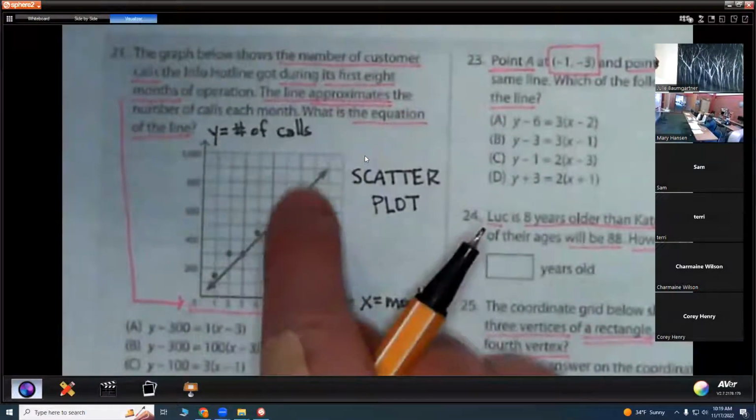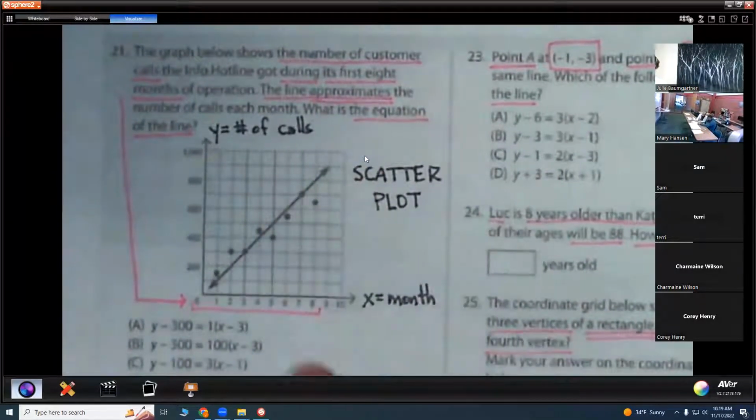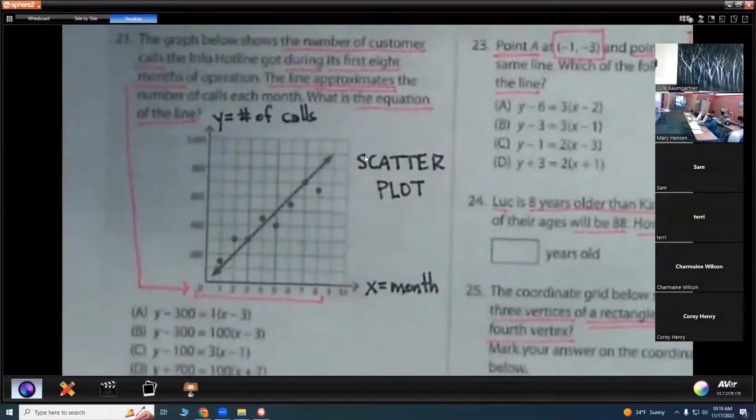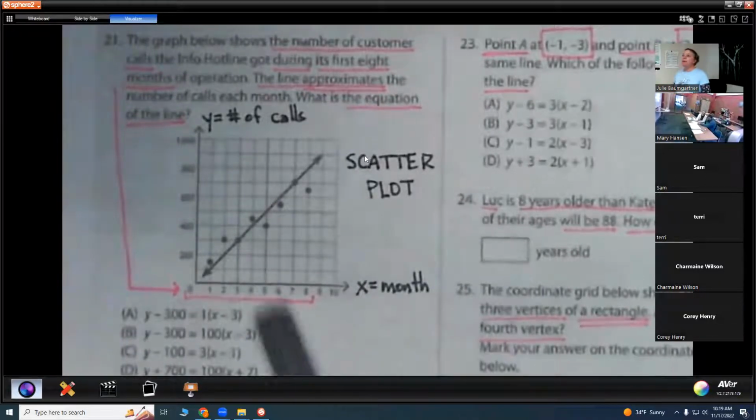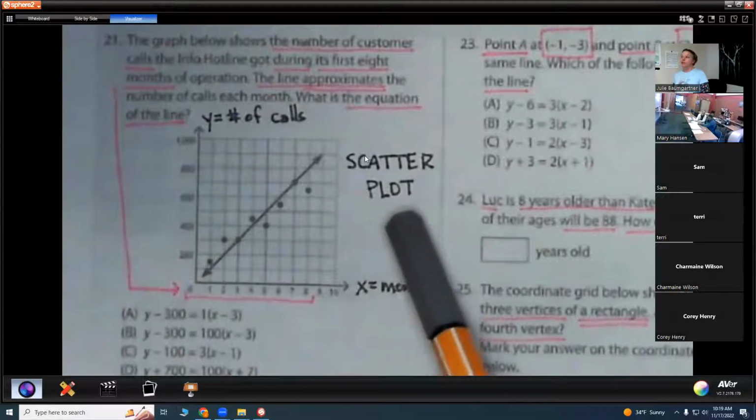So clearly, we're expecting for the next months the calls to continue to increase? Yeah. Now, it might not be the case. I don't know, maybe by month 9, everyone's gotten the information and will be calling more. Anyway, we'll probably talk about scatter plots more and look at them more.